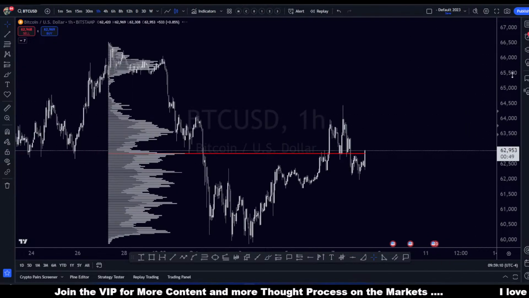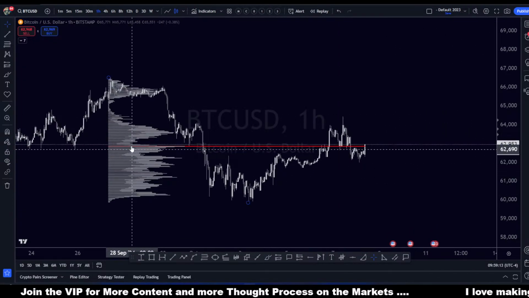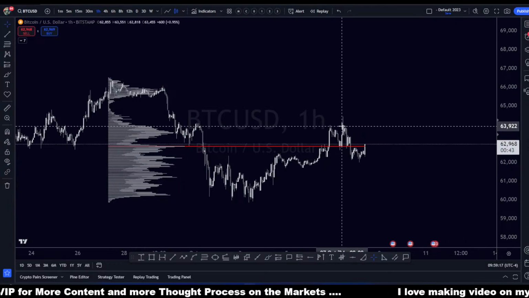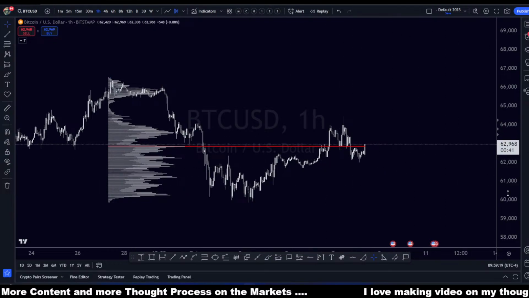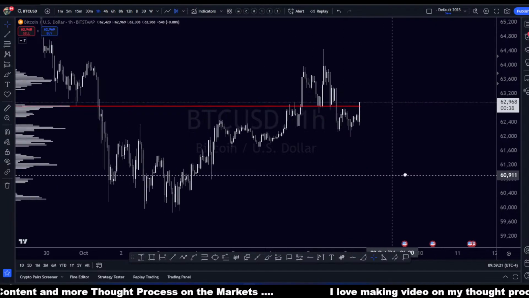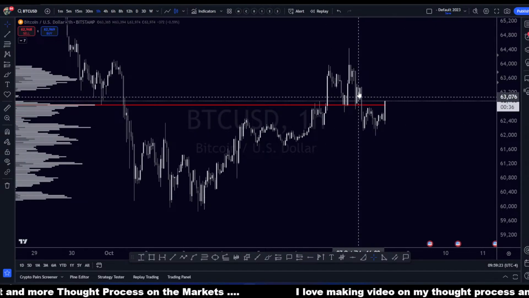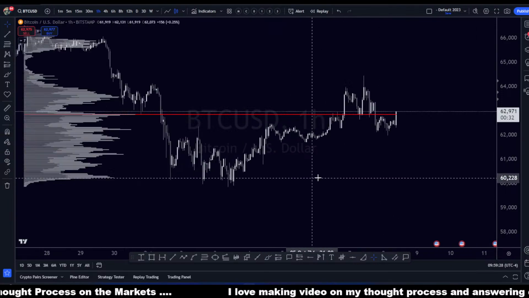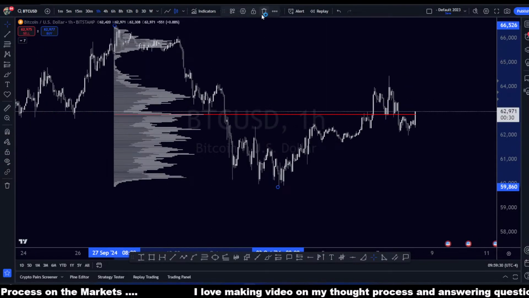This was our pull from this fixed range volume profile, and price action was up here, and of course it came down right to it, and then came up, came down, bounced, and then now it's getting rejected from it. So that's pretty interesting.